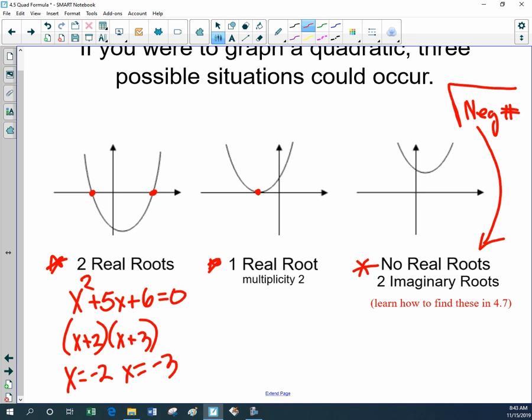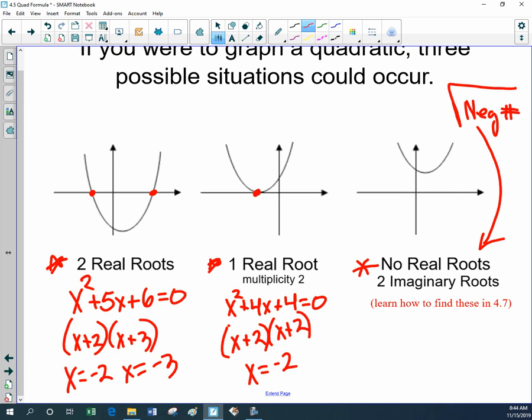All right? On this one, here's an example of one solution. If I factor this, this would be x plus 2, x plus 2. Both parentheses are the same, right? So set them equal to 0. I get x equals negative 2. So there's one solution. So it only crosses the x-axis in 1 point.